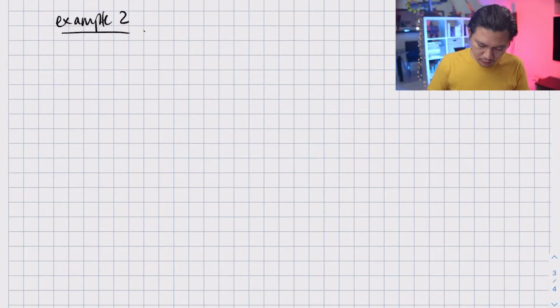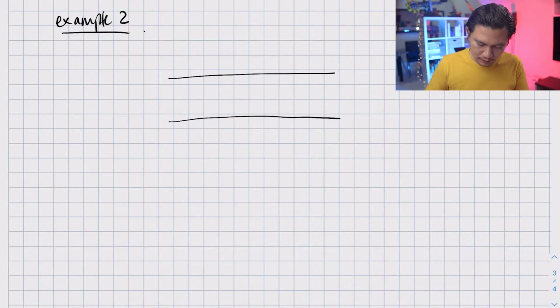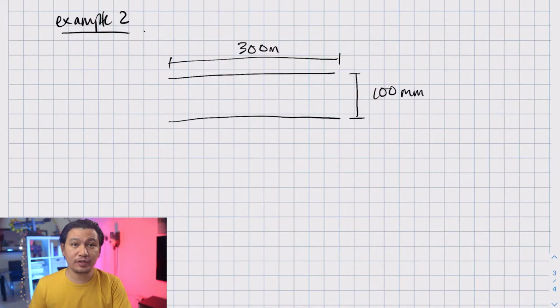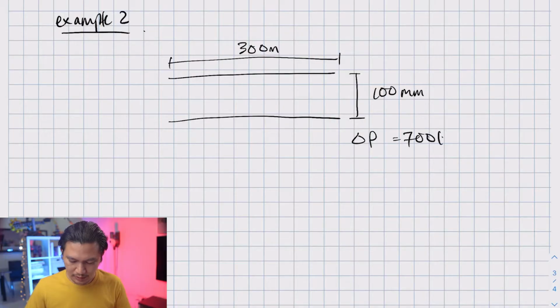Now, for question 2, what you have here is also a pipe, but now the length of the pipe is 300 meter. And the diameter of the pipe is now 100 millimeter. Now, the information that's been given to us is that the pressure drop that occurs across this pipe is 700 kilopascal.